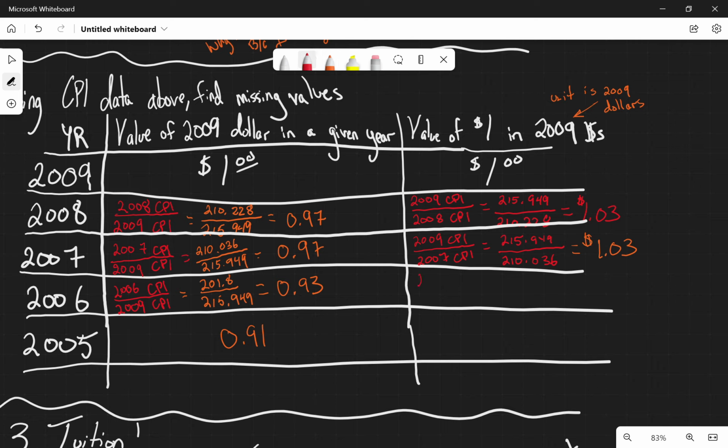Just as before, we'll do one more. So this is going to be the 2009 CPI over the 2006 CPI, and so this is going to be 215.949 divided by 201.8, and this is going to give us 1.07.